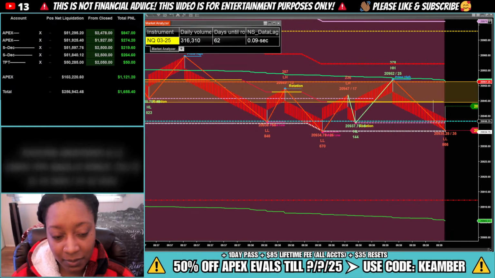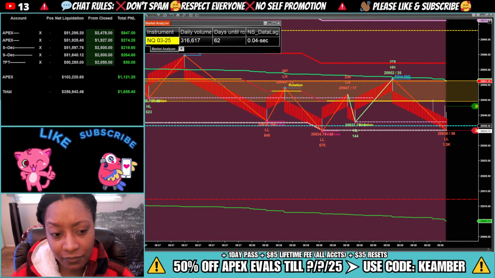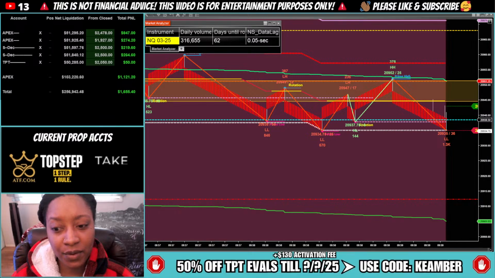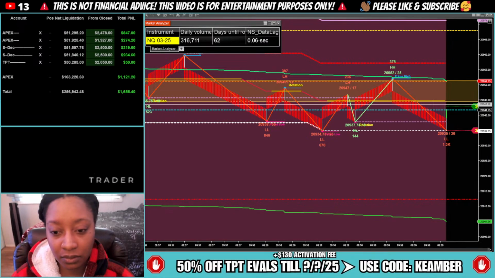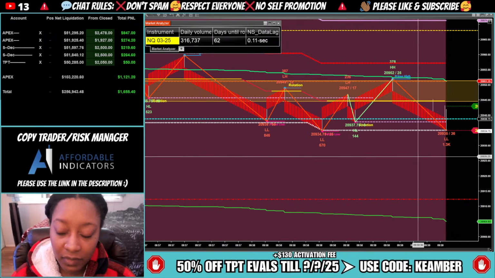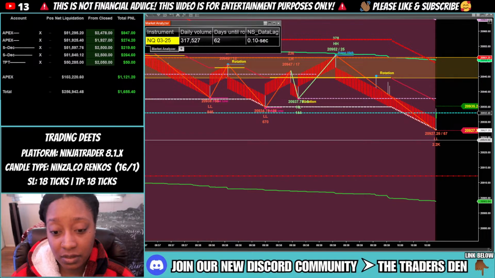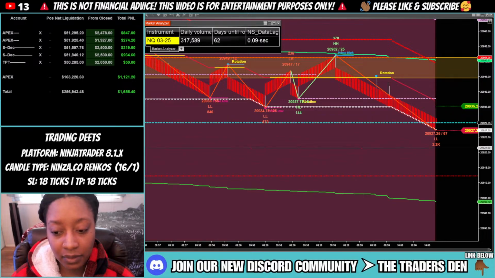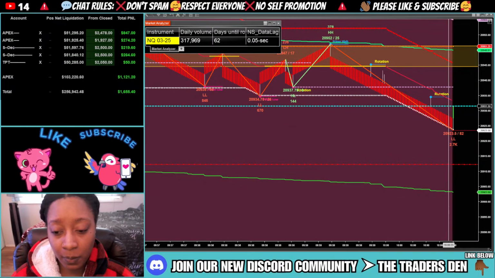Same thing with the Top Step account. I should be at full drawdown on this account as well. Yeah, because I was at full drawdown yesterday and I'm green right now. But before, when I was first developing my strategy, I was just trying to blow that thing just to start over because I knew my strategy wasn't ready.